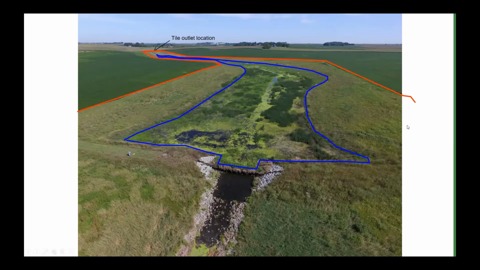And I said that I'd share that red line earlier. You can see it drawn here again. So when we have large storm events, there's going to be some bounce in that pool area. And when we put these projects in, we don't want to negatively impact that adjoining crop ground.